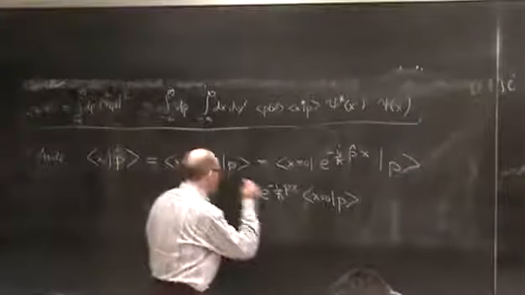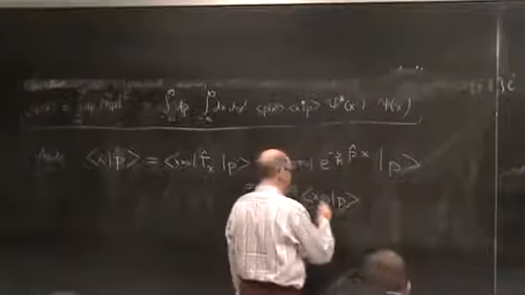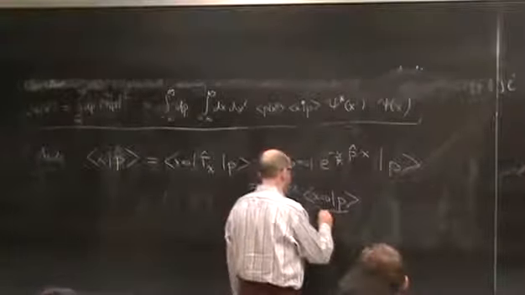And this is just some number n, independent of x. And then the other guy is just the conjugate of that, which we take to be real.